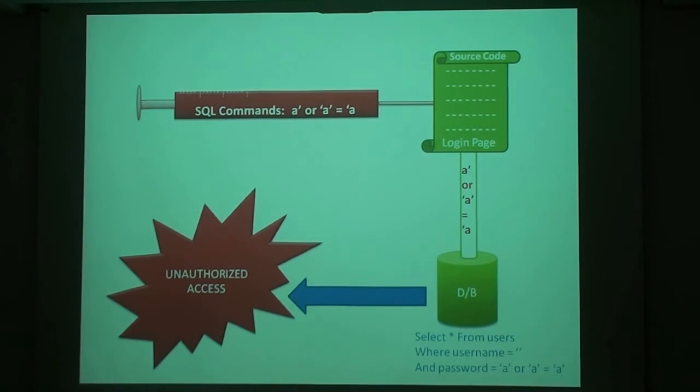This takes advantage of the operator precedence in the SQL language, like in here, OR A equal to A, that is the condition A equal to A will always be true. So hence you give any condition, it would be satisfied.